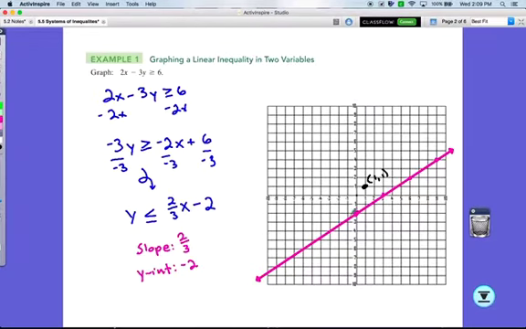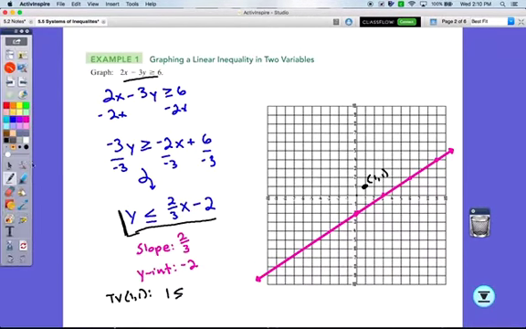Now we plug the test point into either the original inequality or the inequality we solved, and see whether it's going to be true or false. If I plug it into the one I solved for y, with a y value of 1, my test point is 1, 1.